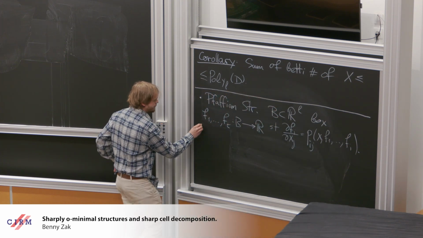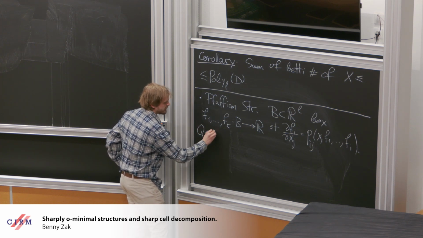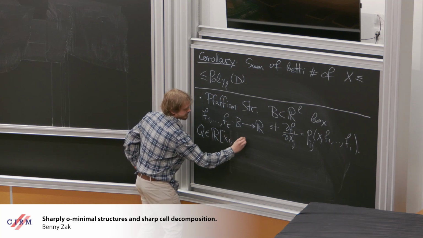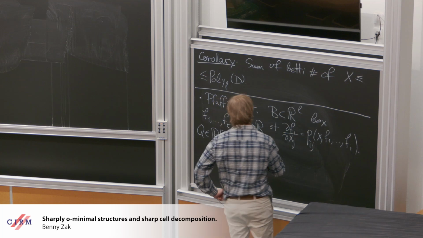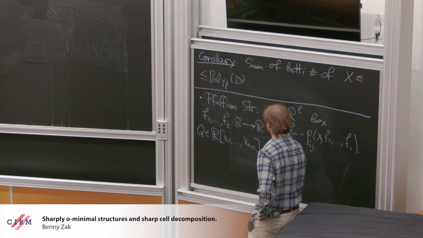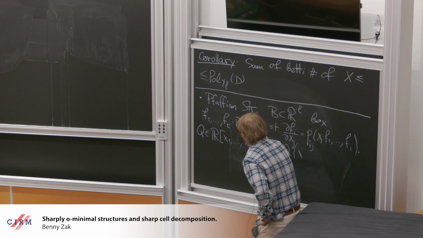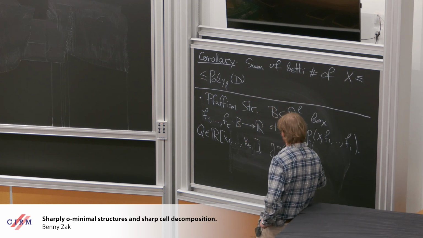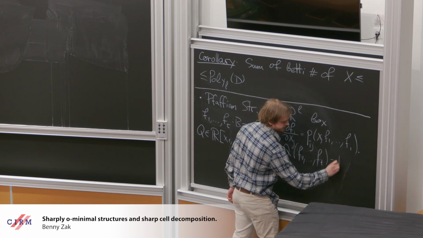And if q is a polynomial in, say, t plus 1 variables, then if you plug into this polynomial, g will be a function, q of x, f1 up to ft. This is a Pfaffian function.